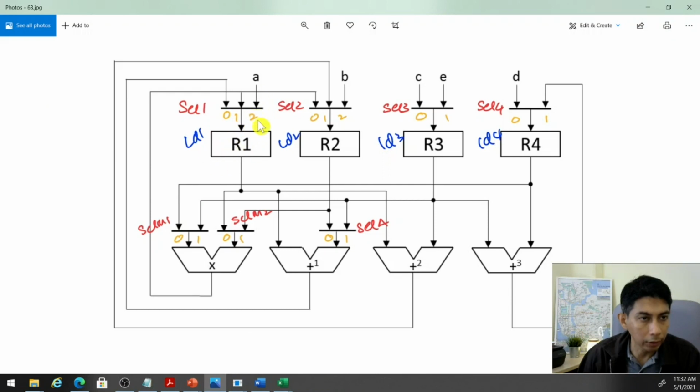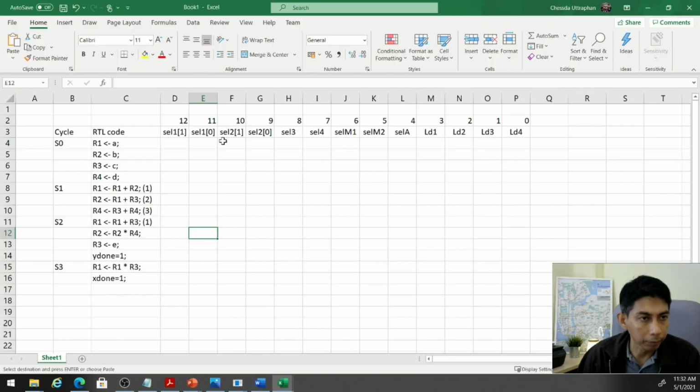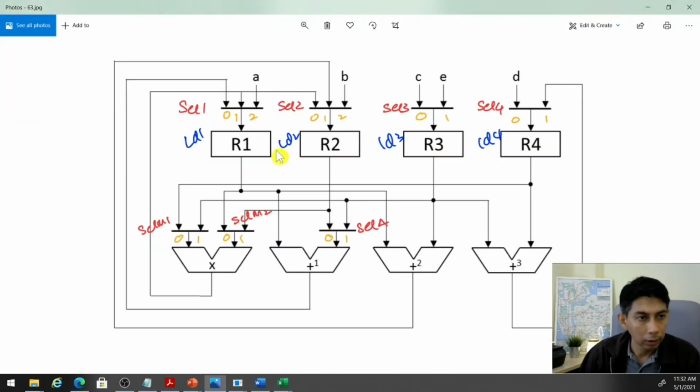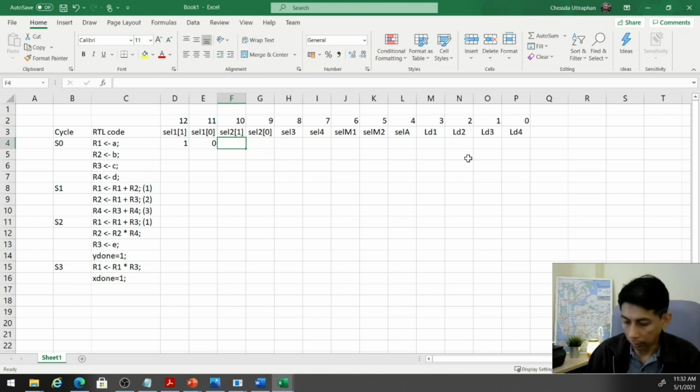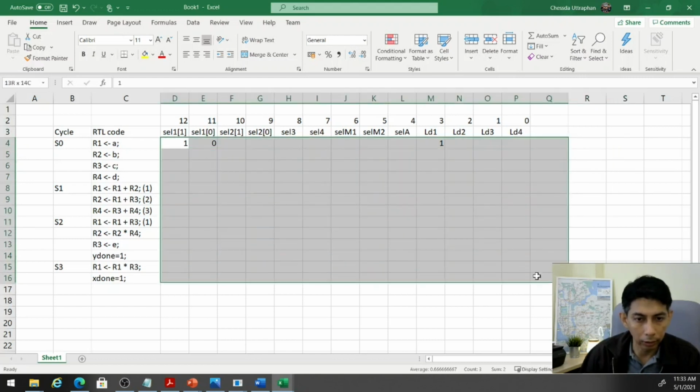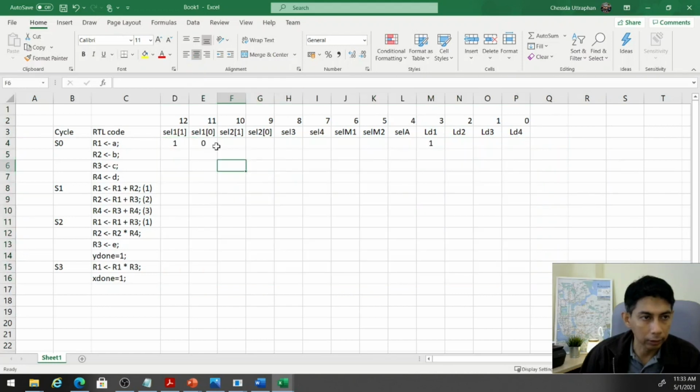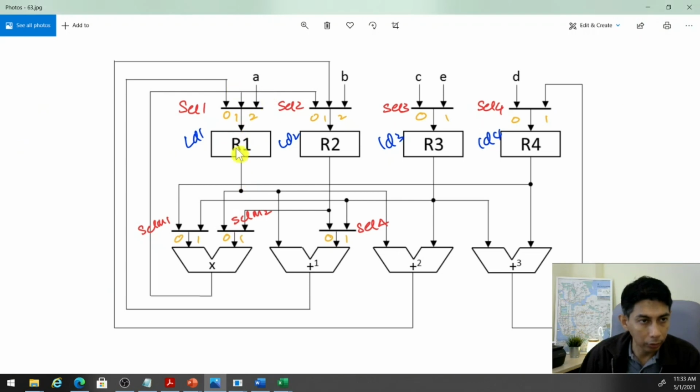So we need to make SEL1 equal to 10, or number 2, and LD1 must be 1. Let's make this centered. And this is A to R1.